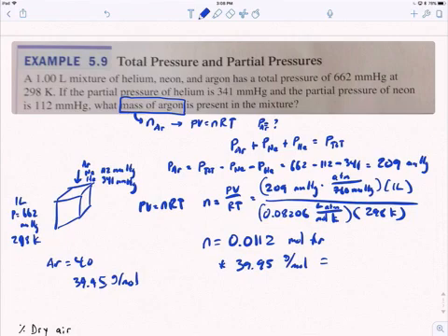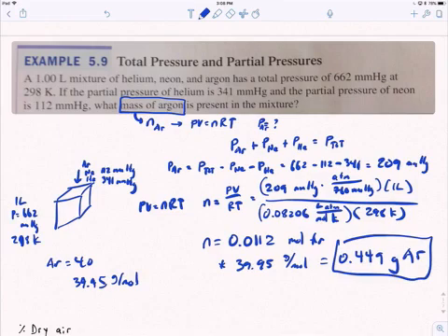Let me check. Argon, 39.95, is in fact correct. So 0.449 grams of argon. That's the answer.